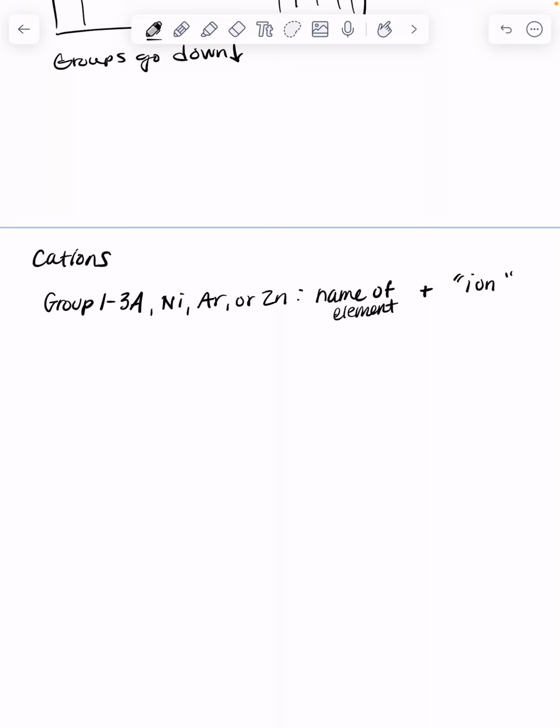Pretty awesome, right? So if we were given a nickel ion, how you would name this, you would just go, oh, that's nickel. It's on my nice little list, so nickel ion.